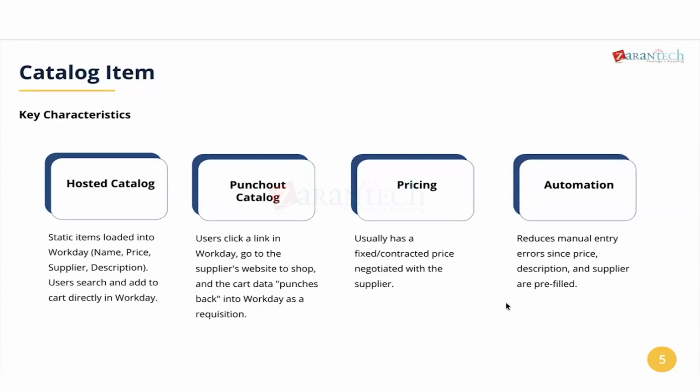Your requisition document is created, and the business process is triggered for requisitions, which eventually creates your purchase orders as well. The supplier information, the item from the catalog, the unit prices and everything will be auto-populated. We'll see more about this when we perform the demo.